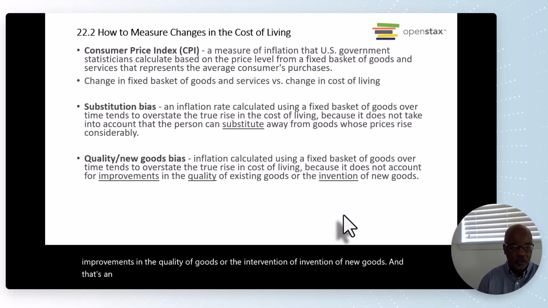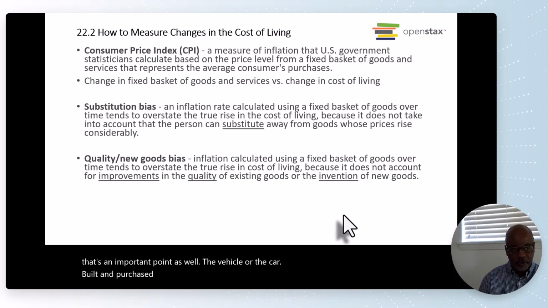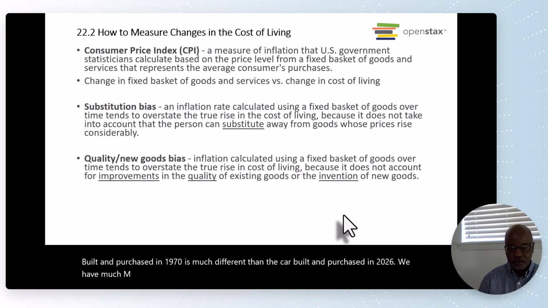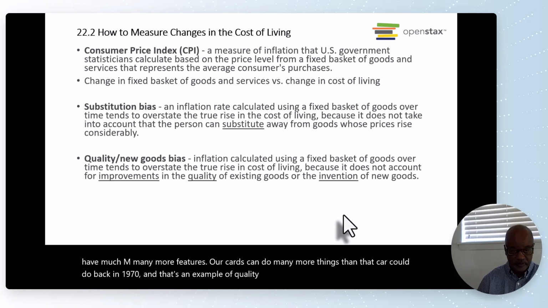The car built and purchased in 1970 is much different than the car built and purchased in 2026. We have many more features. Our cars can do many more things than that car could do back in 1970. And that's an example of quality or new goods bias.